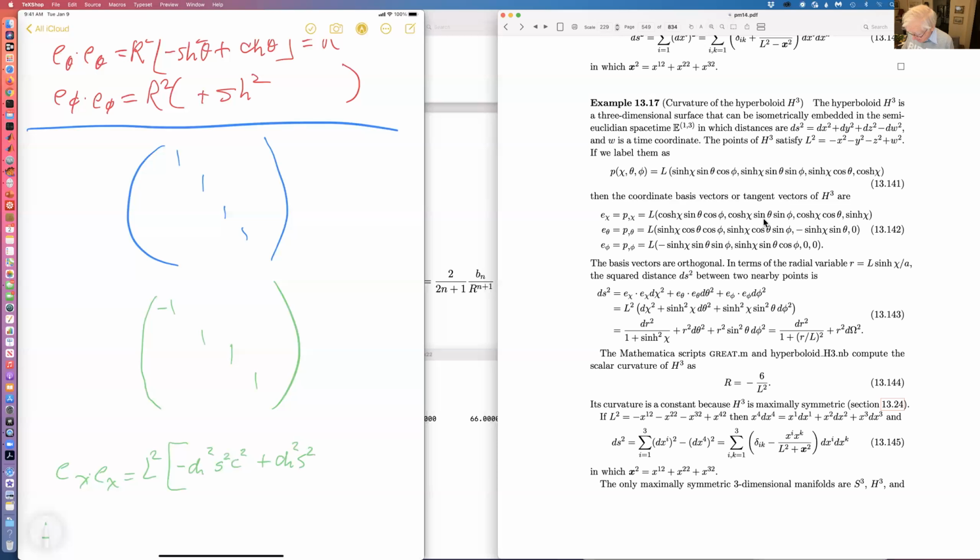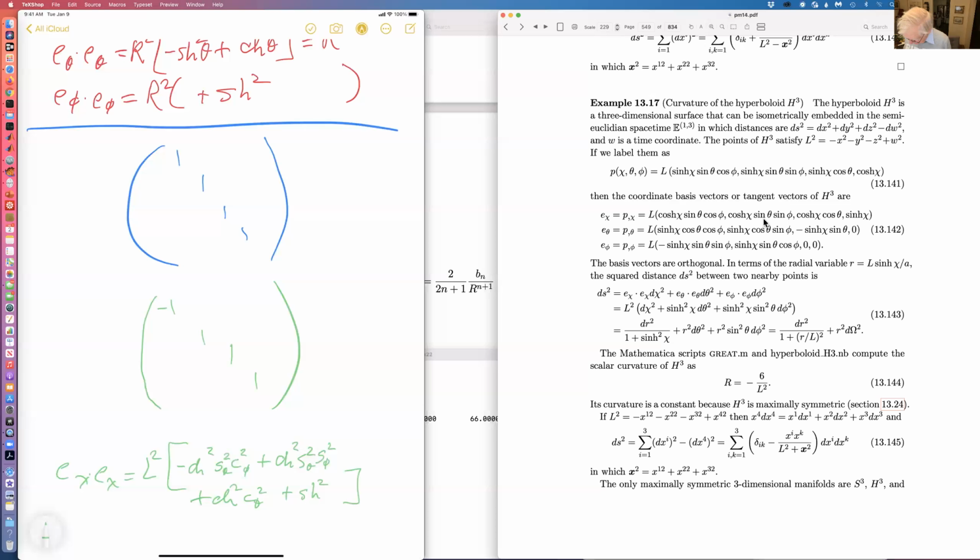Sine squared theta, sine squared phi, plus ch squared of cosine squared theta. So these, yeah, I guess I should have used theta and phi here also. And then the last one is plus sh squared of chi.